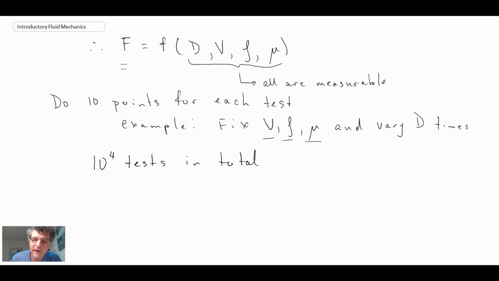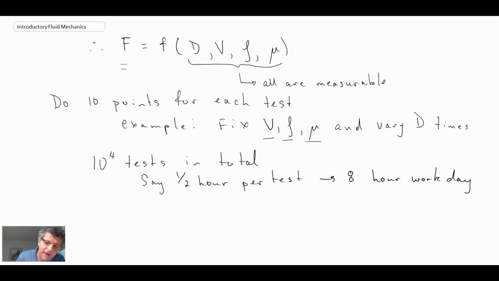It will take time to conduct them, so let's budget maybe 1/2 hour per test, and let's say you're working an 8-hour workday. 8-hour workday, 1/2 hour per test, 10 to the 4 tests. That leads to 2.5 years of experiments investigating the drag characteristics on this sphere.